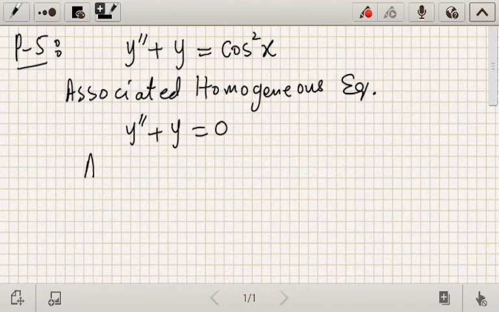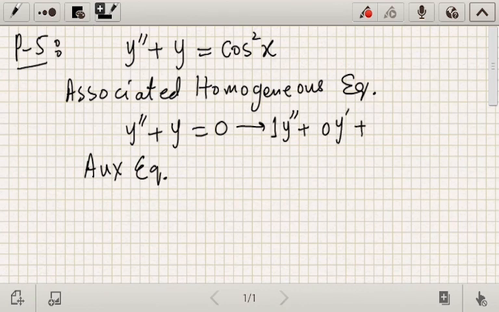So the auxiliary equation is m square plus 1, and let me explain to you why this is so. We can always write down this equation as 1 y double prime plus 0 y prime plus 1 y equal to 0.